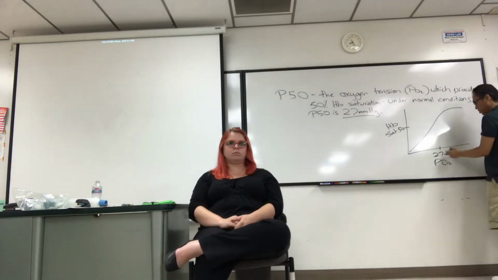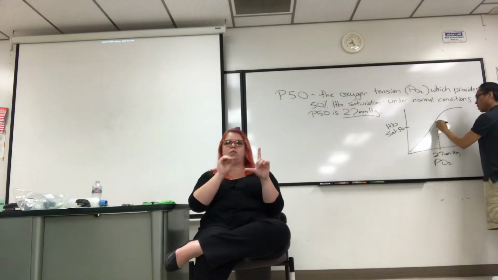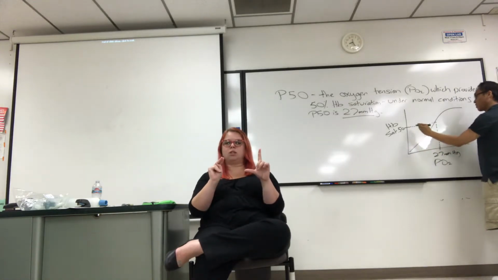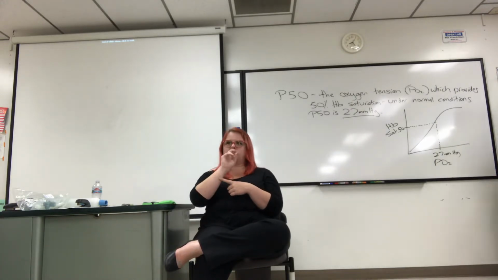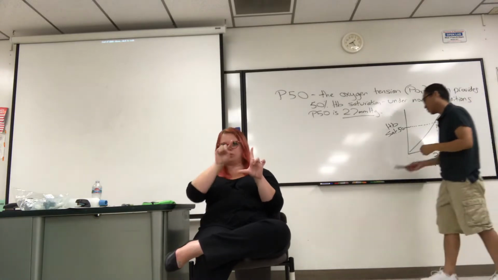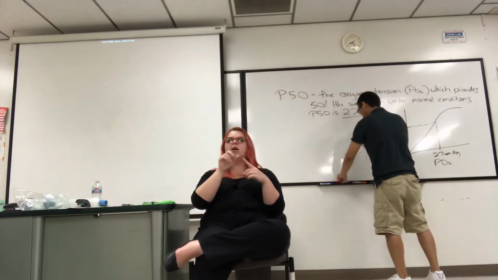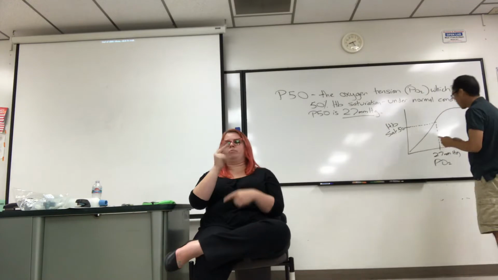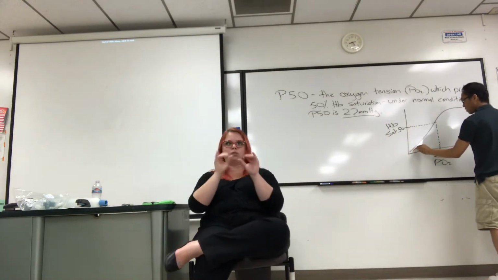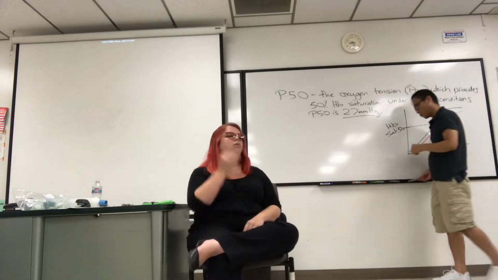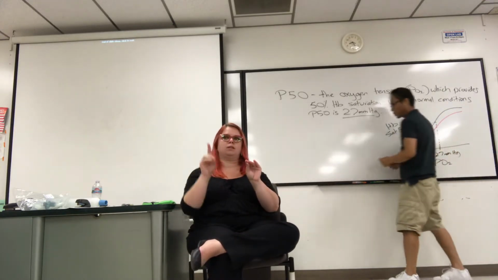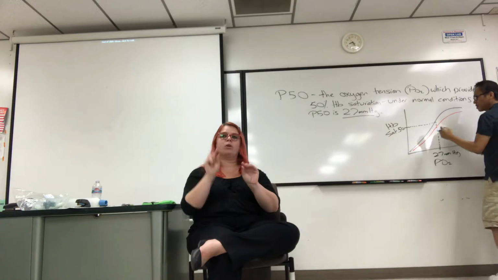So at this oxygen tension, it provides something like 50% saturation. Okay. So the question becomes, when the curve shifts, one way or the other. This is a benchmark. So it can shift that way, to the right, down and to the right, or it can shift up and to the left.